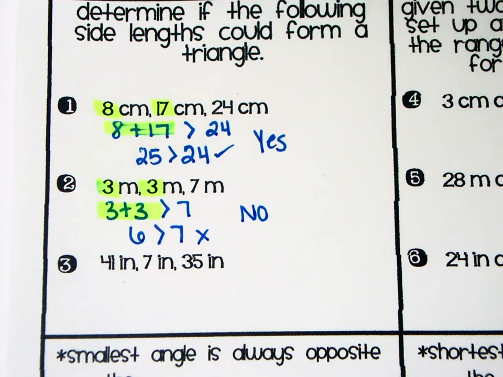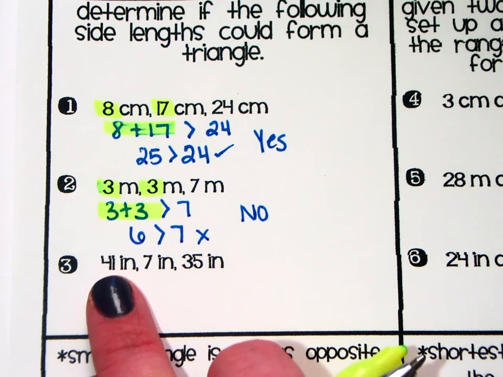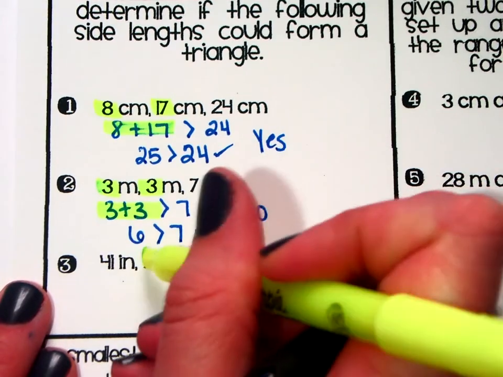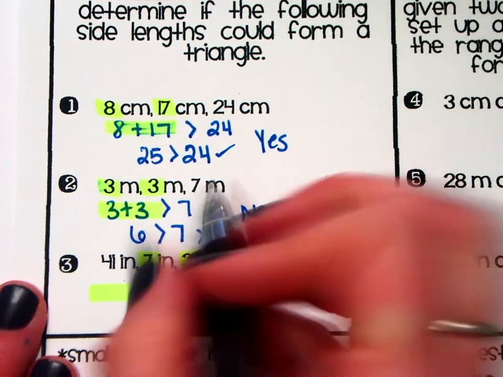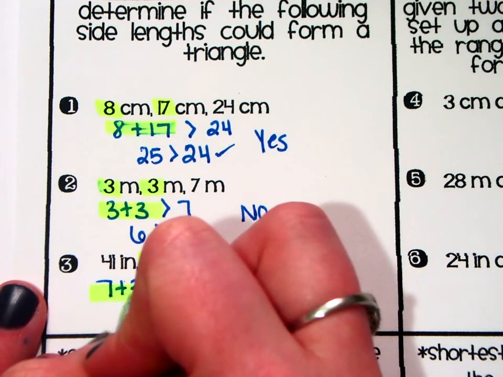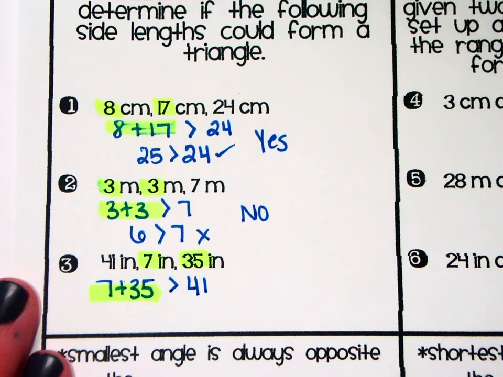Trying the last one, we have side lengths 41, 7, and 35. My 2 shortest sides here are 7 and 35. Those are the 2 I'm going to add together. Even though 41 was listed first, 41 is my biggest number, so it goes by itself.